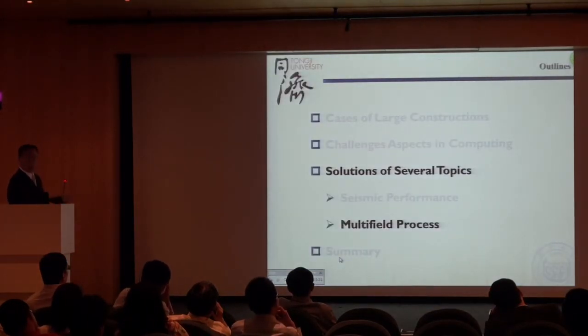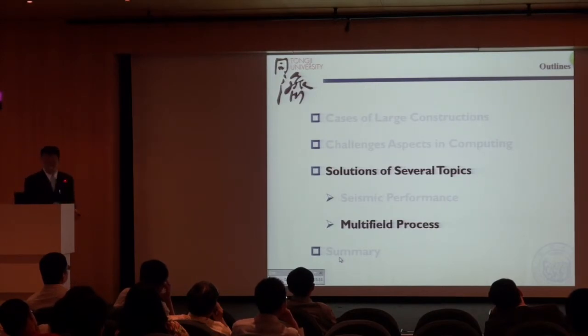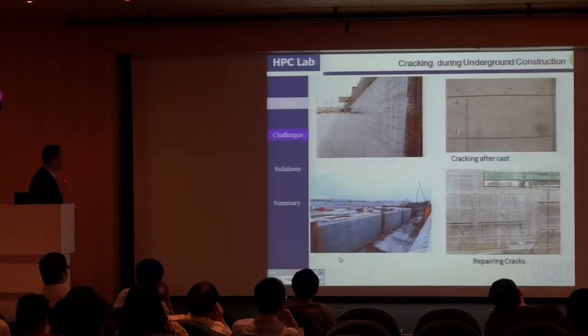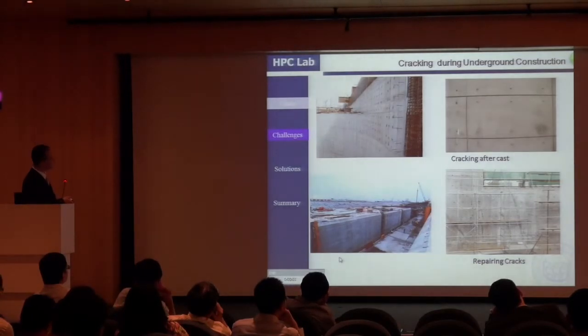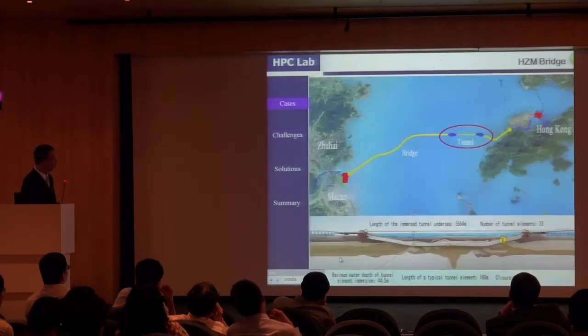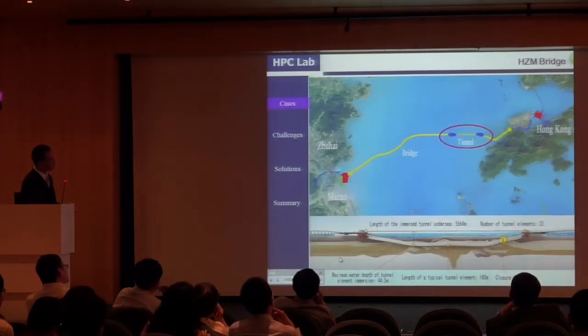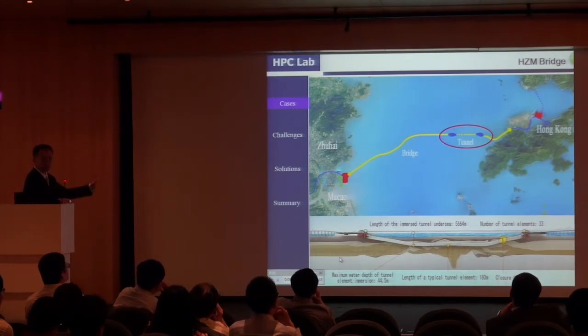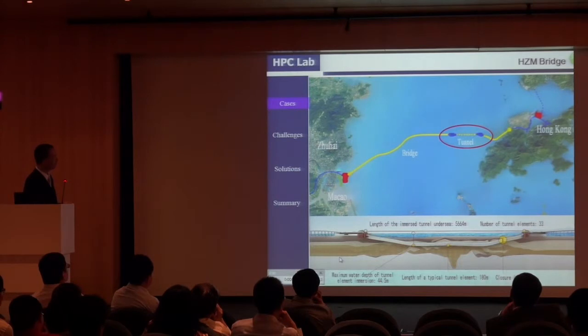I will go to the next part about the mass concrete process. The challenge of early age cracking is usually dangerous for the project, for the structure, especially under water.